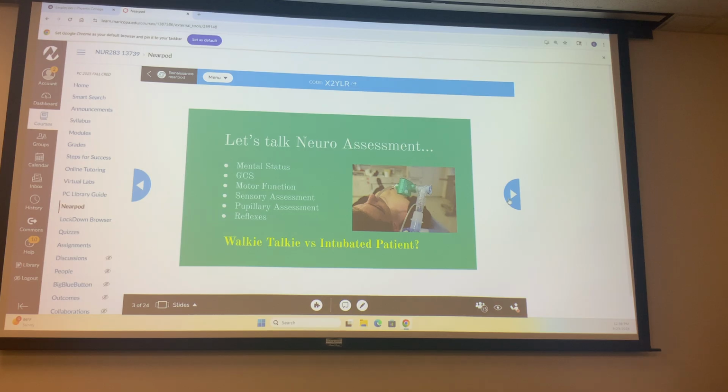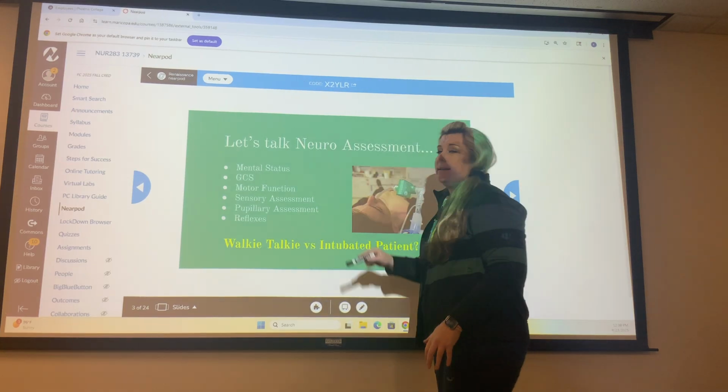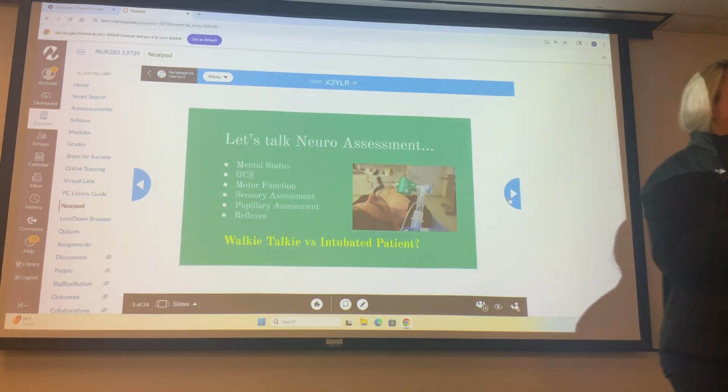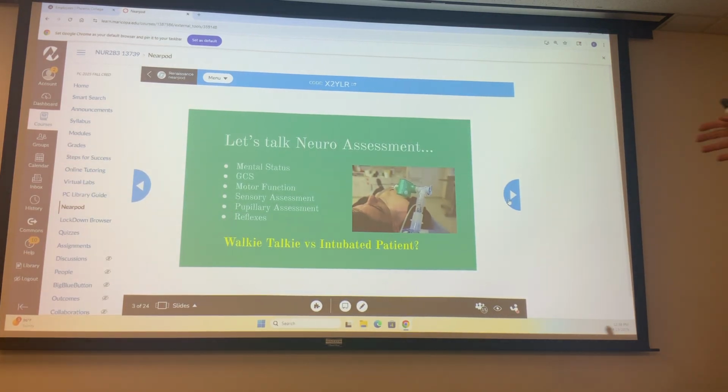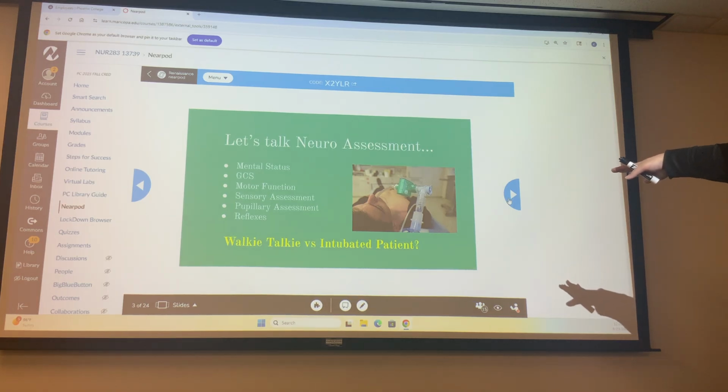Okay. So again, this would make sense, right? All of these things, all these million things represent a neuro assessment. Oftentimes your patients are going to be great. They're going to be neurologically intact and you can tick all of these things off. Other people, you're going to go in and you're going to be like, oh my God, everything is wrong with this patient. They have all of these issues with this neurological assessment. Okay?